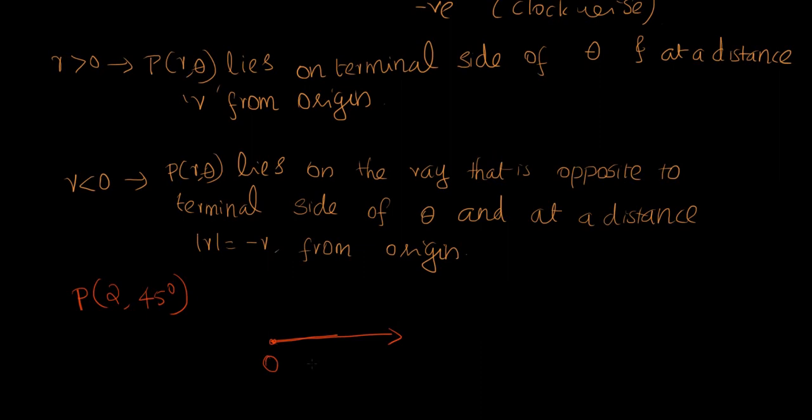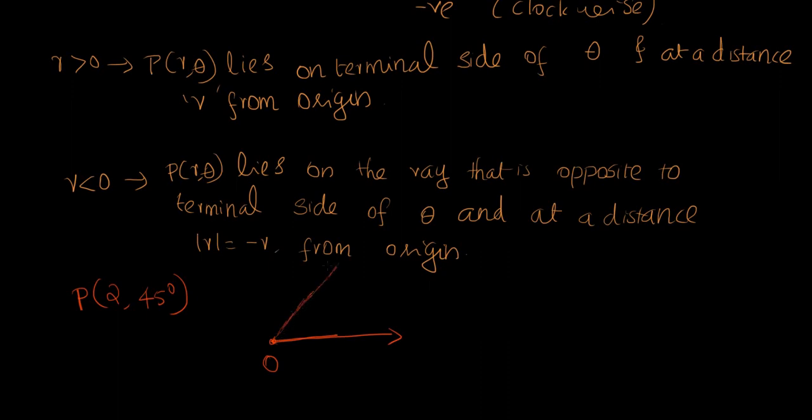This is the origin, and P is a point at a distance 2 from the origin. Draw a ray at a 45-degree angle.